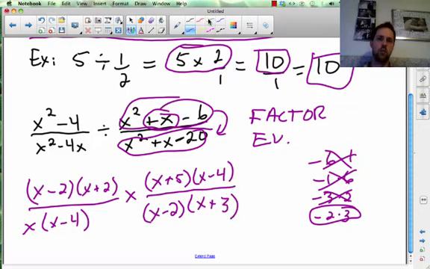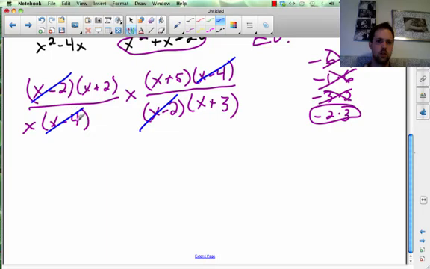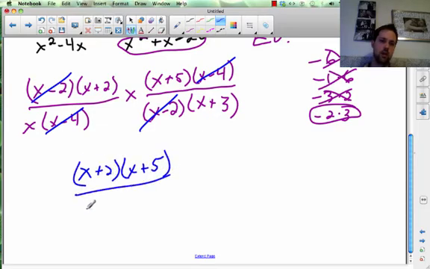And now we can worry about carrying out the multiplication and see if there's anything we can cancel. X minus 2, gone. X minus 4 and x minus 4 also gone. So we can simplify here. In the numerator we have x plus 2 times x plus 5, and in the denominator we have x times x plus 3.